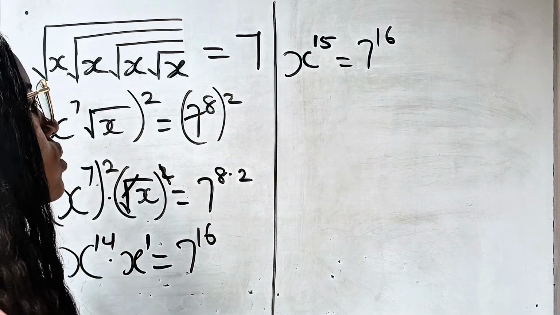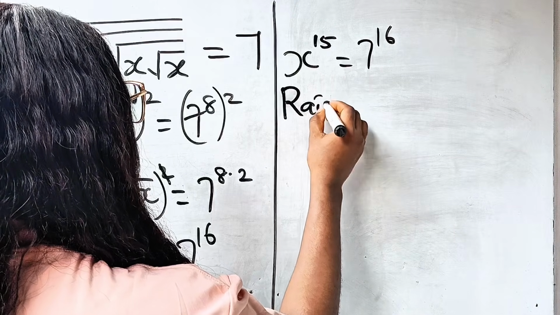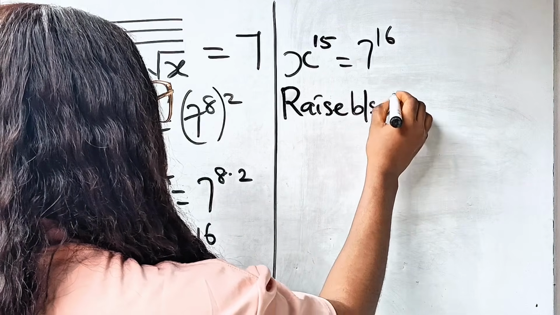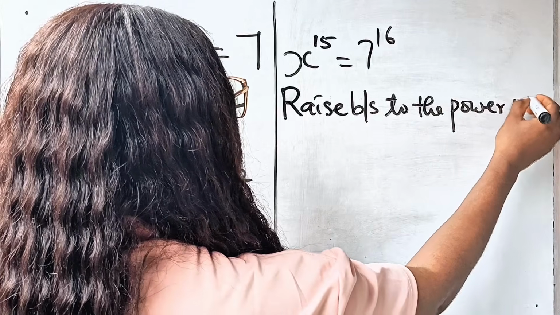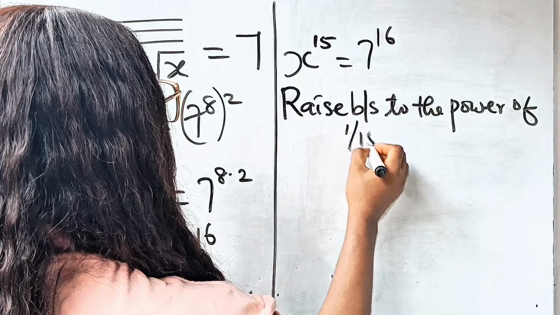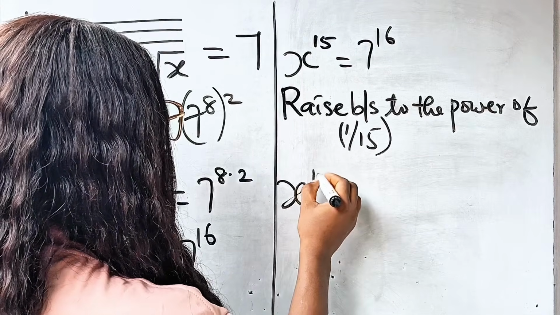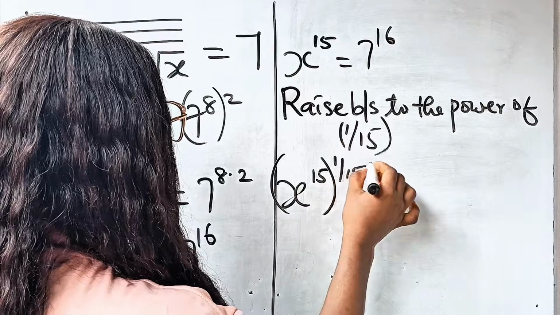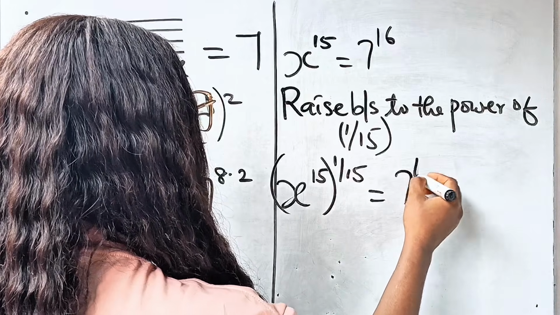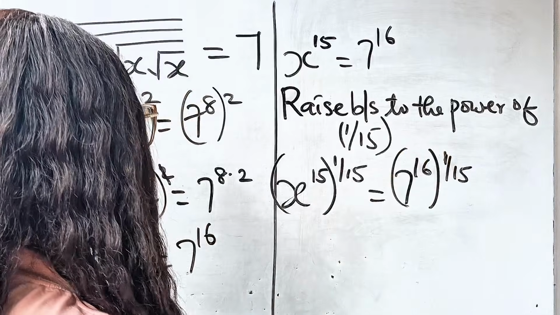So what we are going to do is raise both sides to the power of 1 over 15. Now we have x to the power of 15 raised to the power of 1 over 15 is equal to 7 to the power of 16 raised to the power of 1 over 15.